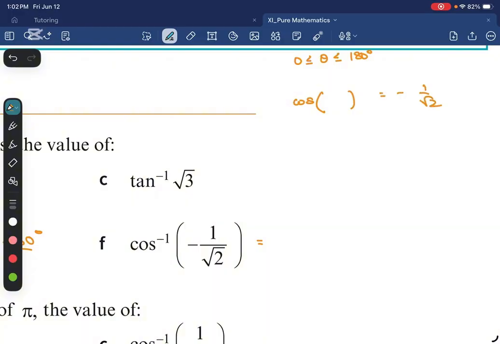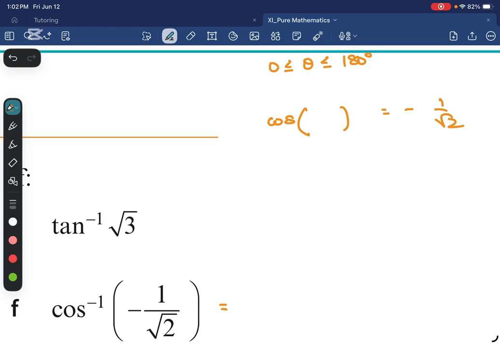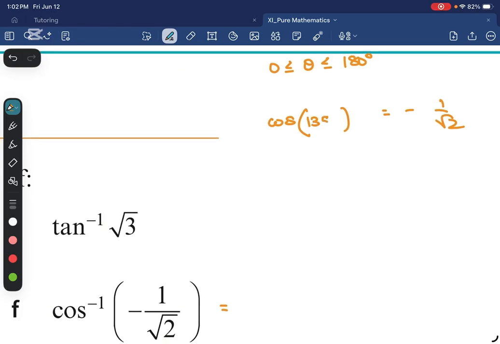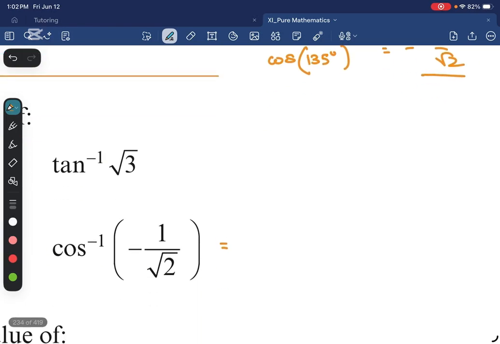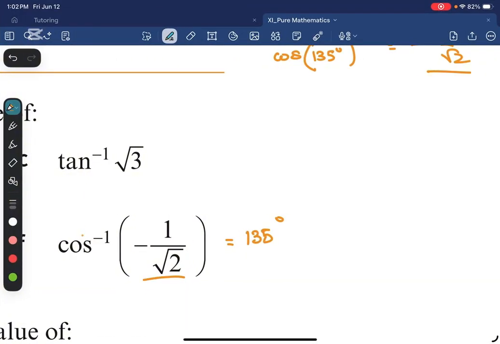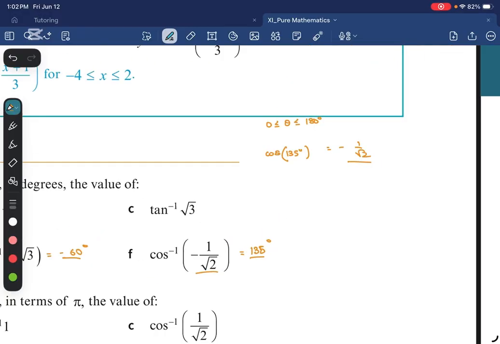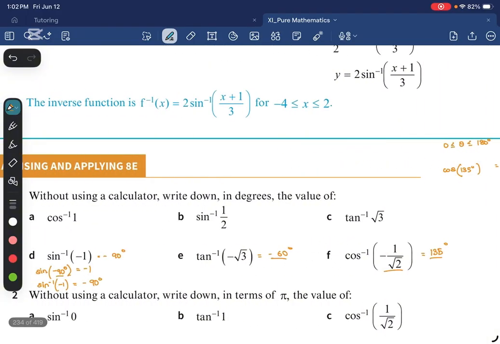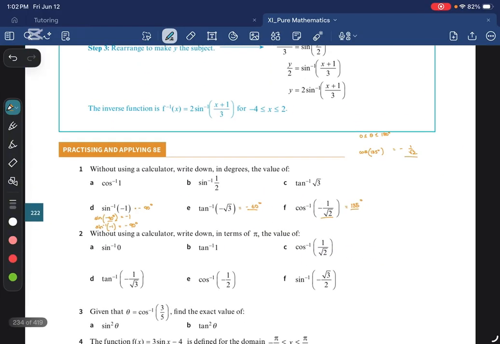It's definitely in the second quadrant, so it's going to be 135 degrees. That should give me this value. Because if I take cosine of both sides, then cosine and cosine inverse will cancel out, and I get this value. So 135 degrees, negative 60 degrees, negative 90 degrees. I hope that made sense.